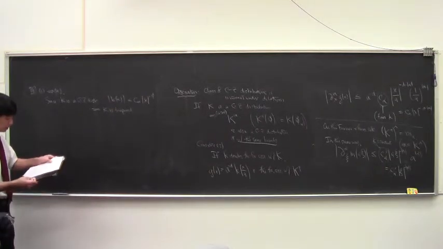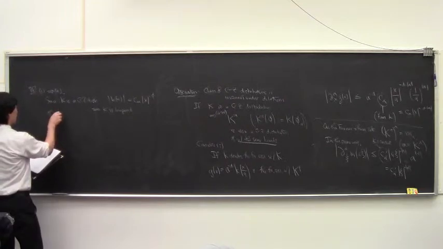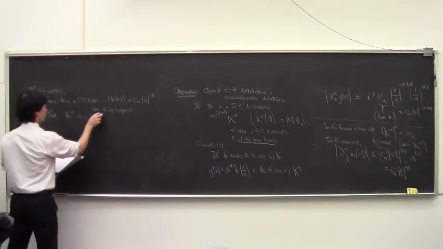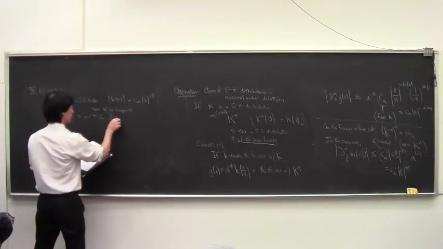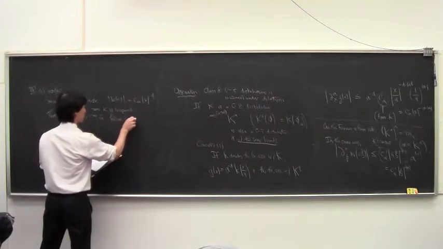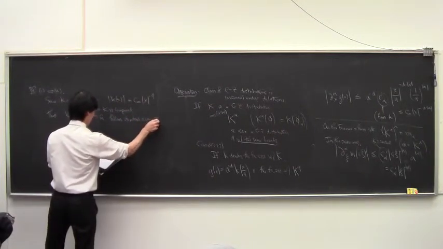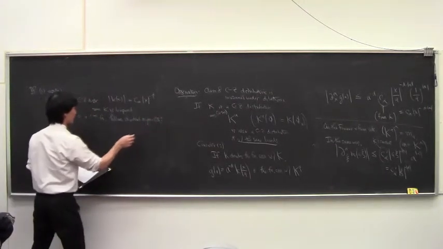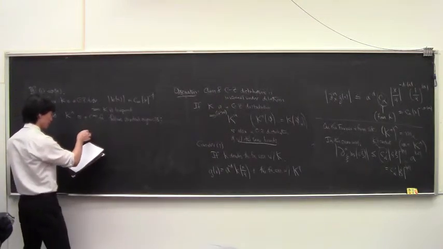That K hat is a C infinity function follows the standard argument, and we've seen this argument several times already.